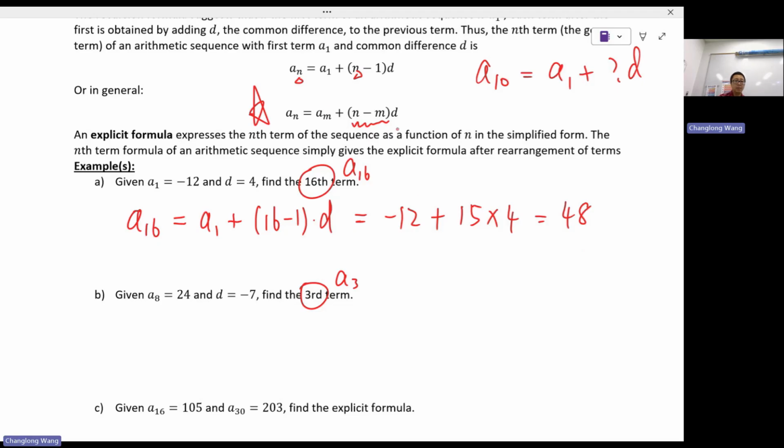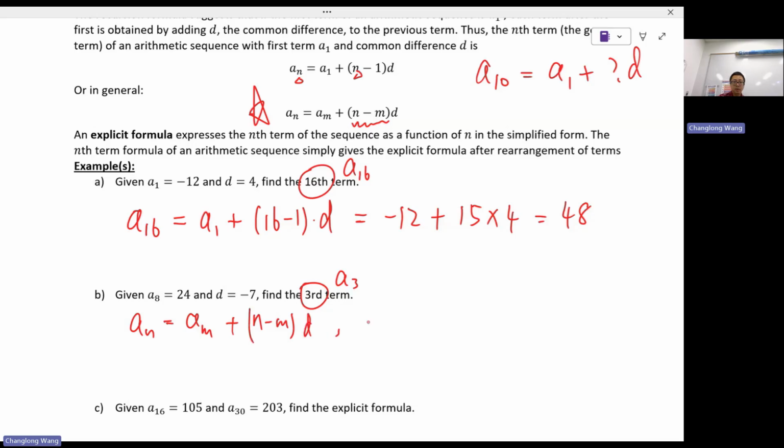So I want you to actually think about using the second formula, so you can start anywhere. In this case, since I know what a sub 8 is, can I just start from, oh, you know what? Let me put this down. A sub n is a sub m plus n minus m times d.